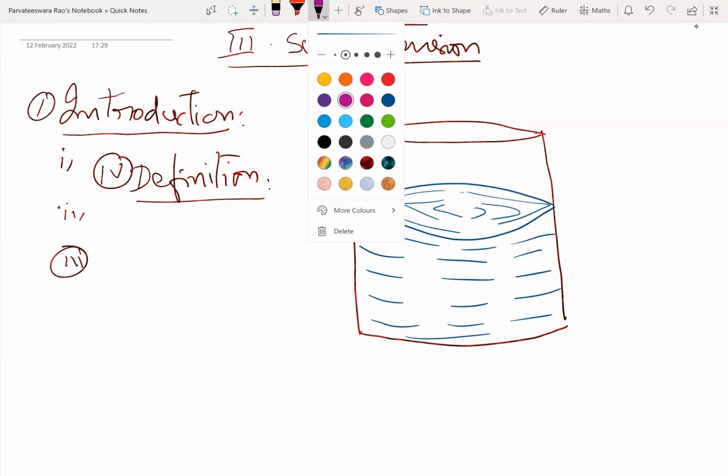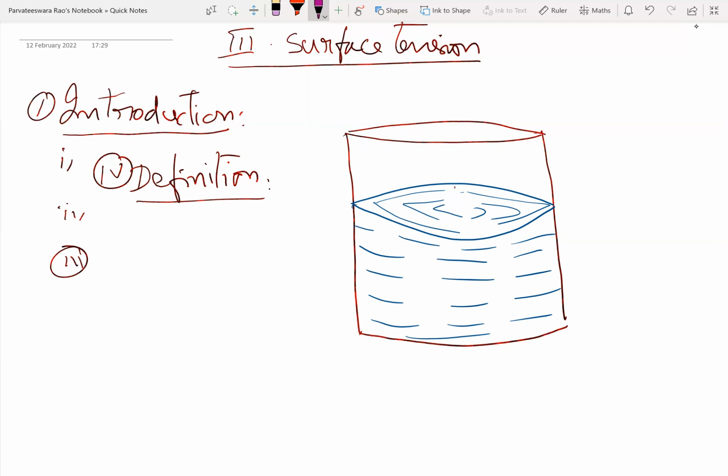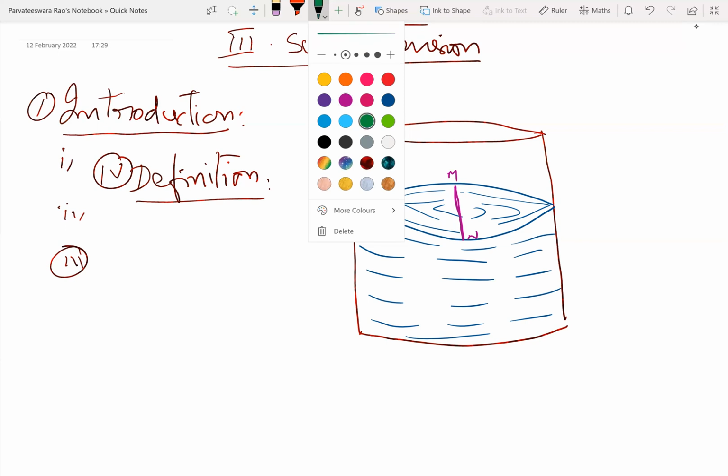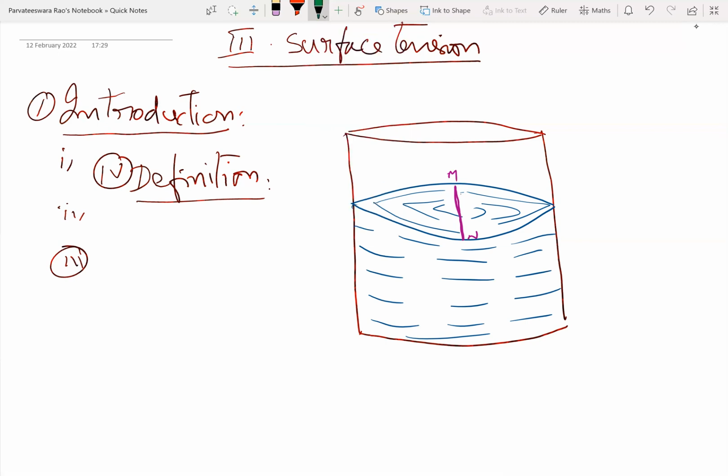So here is the imaginary line drawn on the free liquid surface in equilibrium. Then these molecular forces, whatever I am referring to, will be assumed to be acting on either side of this imaginary line, like this. So they are called surface tension forces. They will be perpendicular to this imaginary line and tangential to the liquid surface.